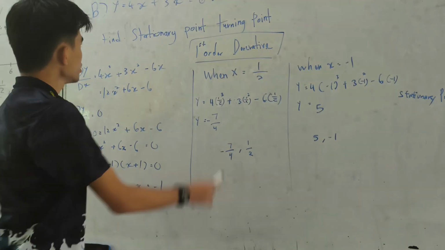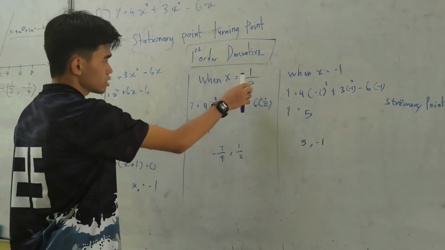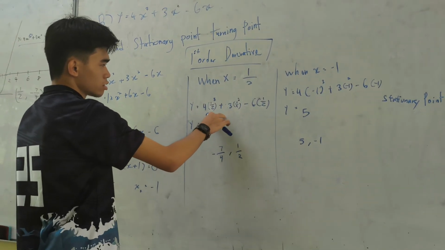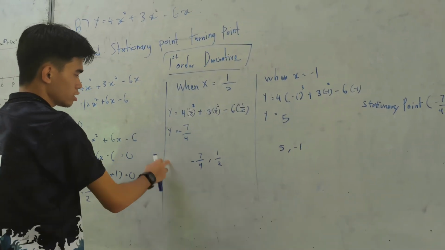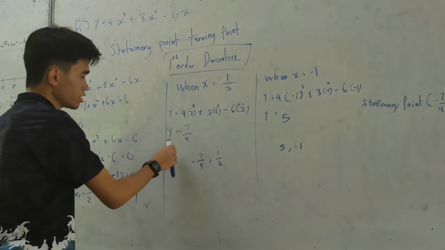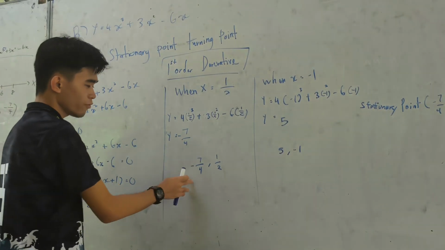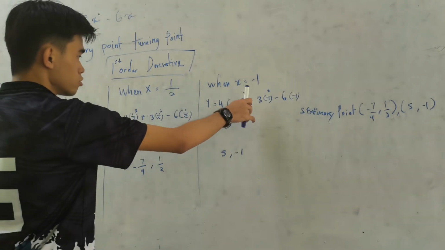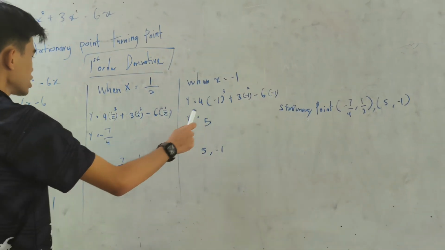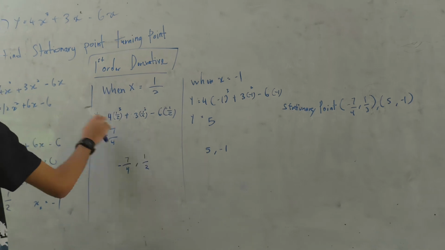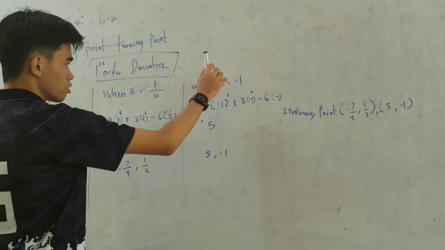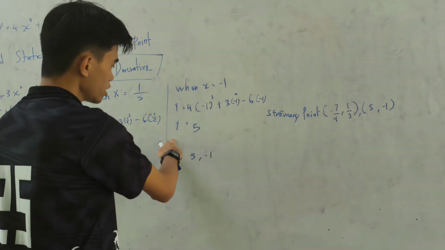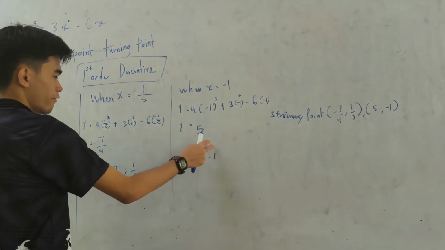Now we use this equation and substitute x equals 1 over 2. We substitute all the x and the answer we get is minus 7 over 4. For x2, we do the same thing, substituting x as -1, and the answer we get is y equals 5.